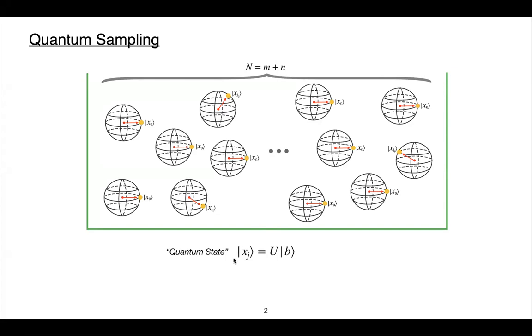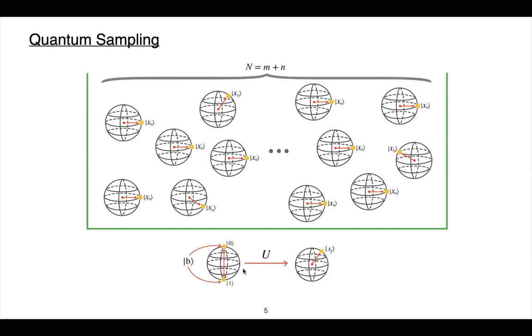First of all, we define a quantum state as follows. Ket x_j equals a unitary operator U times ket b. U is an evolution unitary operator that acts on ket b. Ket b is one of the bases in Hilbert space.